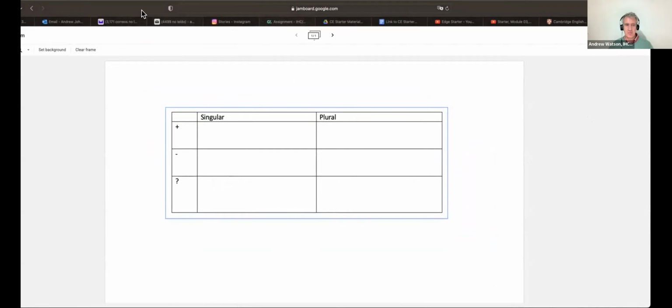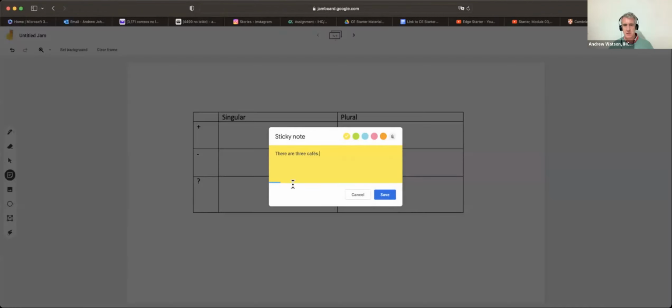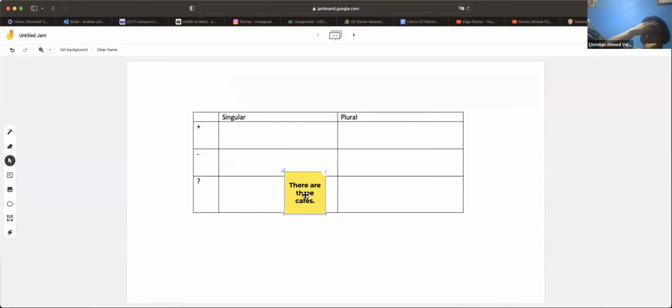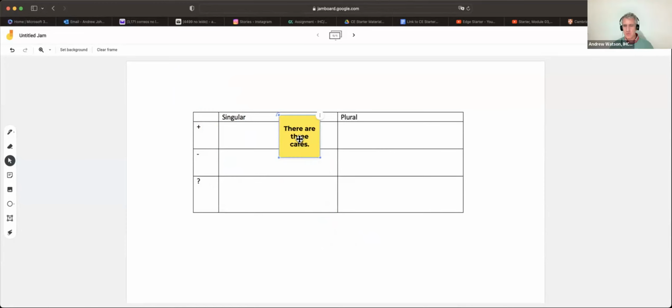Now we can put some of those sentences on sticky notes. There are 3 cafes. Okay, now where does it go? Is it affirmative, negative, or question? Tell me this sentence. Guys, help me. Affirmative. Affirmative, yeah. Is it singular or plural?